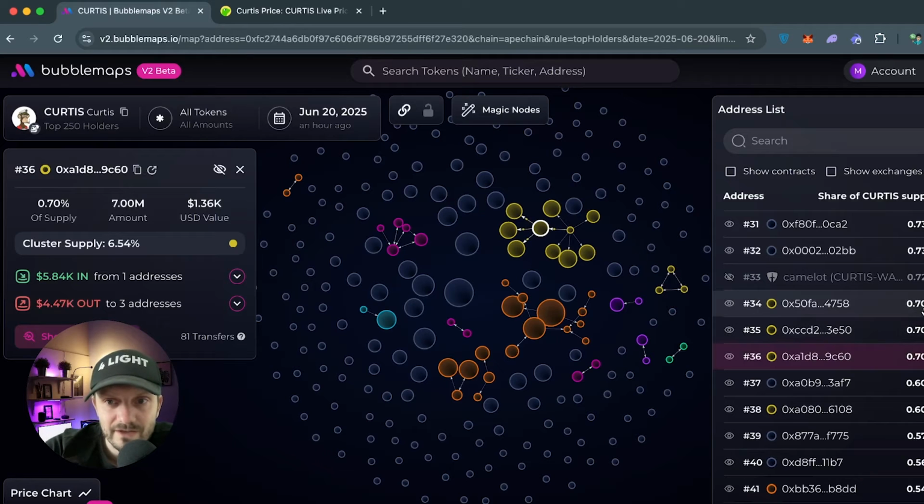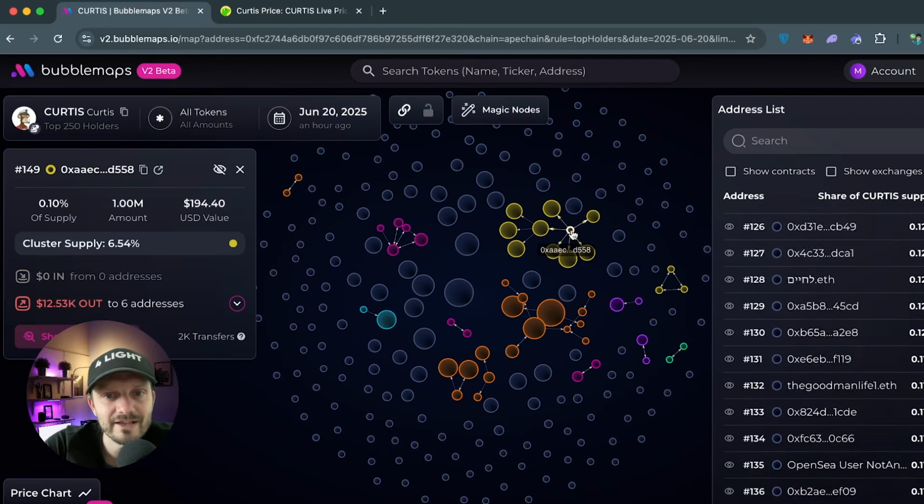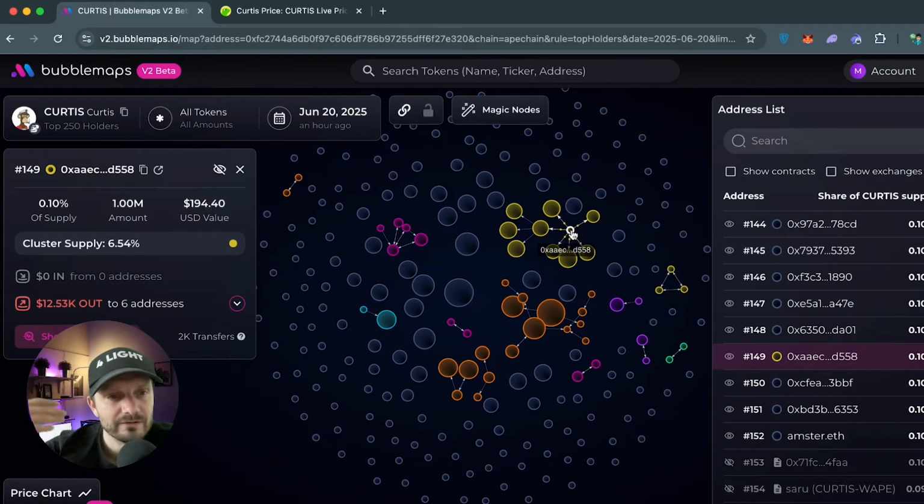You can see the tokens distributed in equal proportion, right? 0.70% between the different wallets. Of course, everything is totally anonymous and we can't know who is behind it, but we know these guys control this emission and they can dump the price at any moment if they start selling this token at market price, on DEXs, for example.